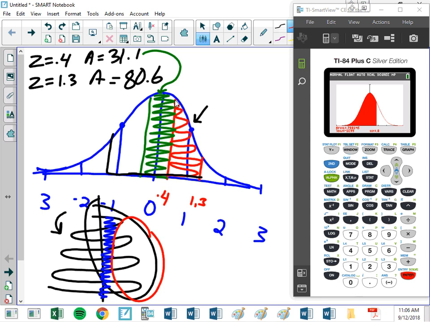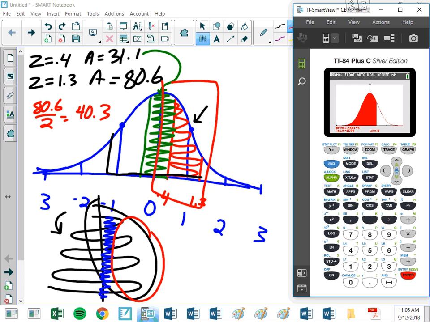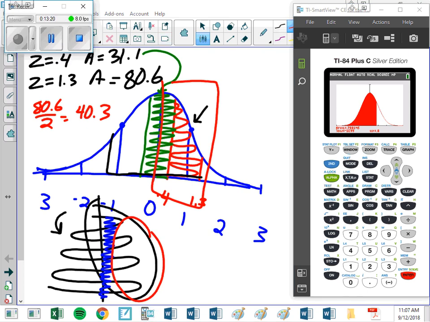So I have to take the 80.6 and cut it in half, and that will limit me to this side. So that's 40.3. But 40.3 is too big. Well, how much too big is that? It's too big by this piece.